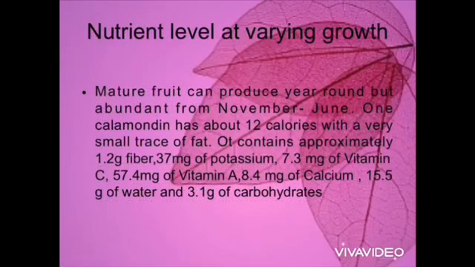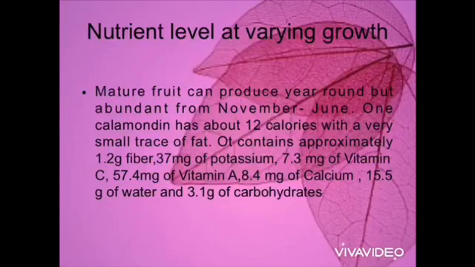Nutrient level at varying growth. Mature fruit can be produced year-round but is abundant from November to June. One calamondin has about 12 calories with a very small trace of fat.